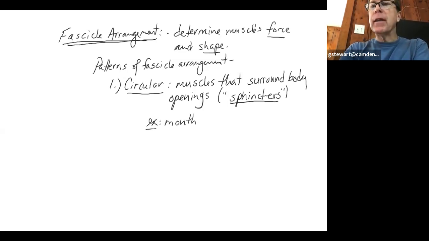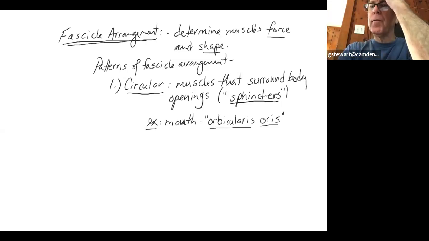And surrounding the mouth is the orbicularis oris. Orbicularis means circular, oris means mouth. Location, so it's telling us the shape of the muscle in this one and its location, the mouth.